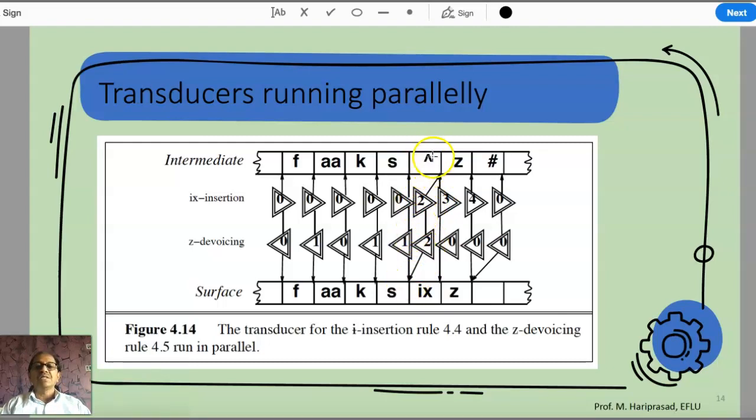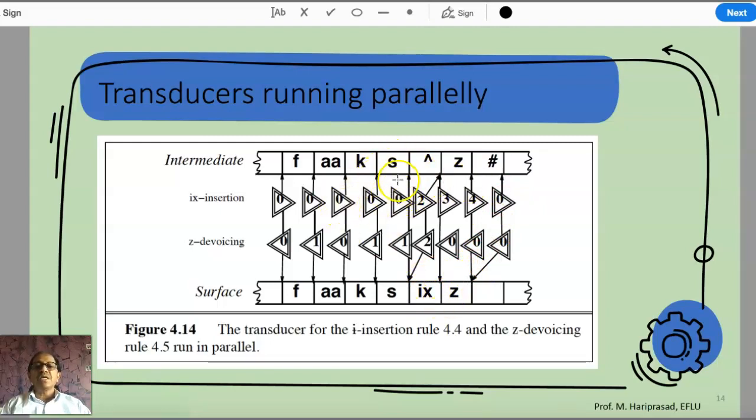That is, you delete the morpheme boundary and you insert e, and z remains. Z also goes into that, and then the morpheme boundary goes empty. So you have it when it is foxes.